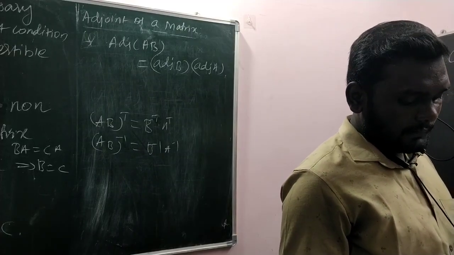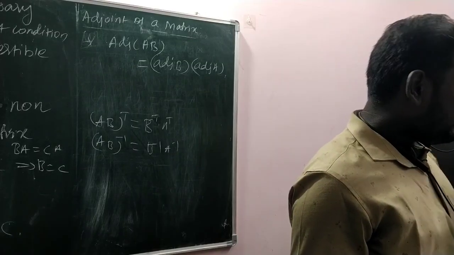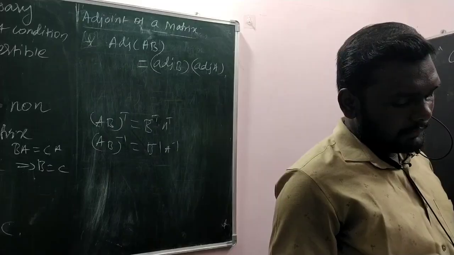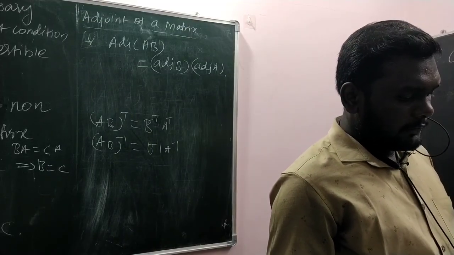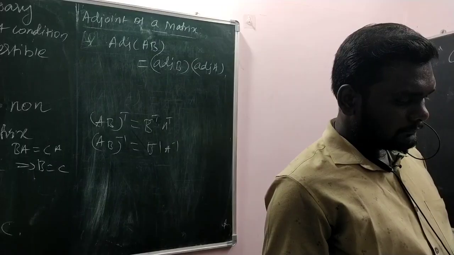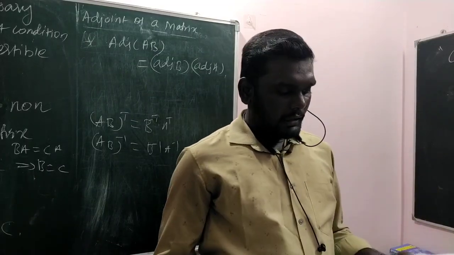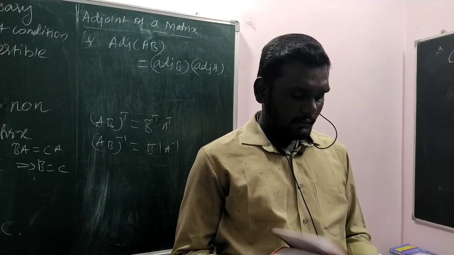In some of the matrices, the determinant will come equal to 0. For that matrix, the inverse does not exist, so we will finish. And the second question is also easy. The equation type and the characteristic equation we will continue in the next session.